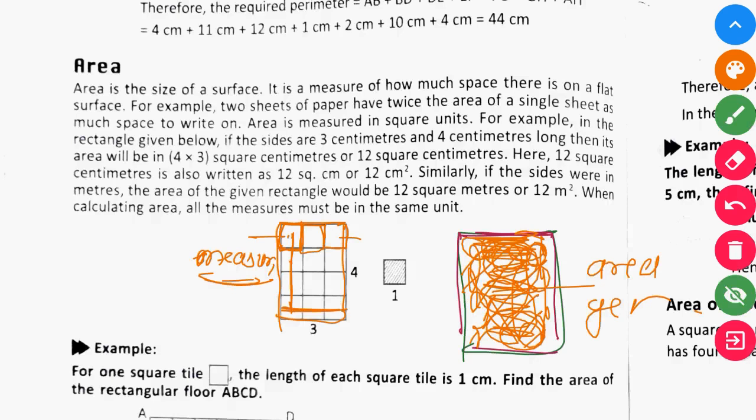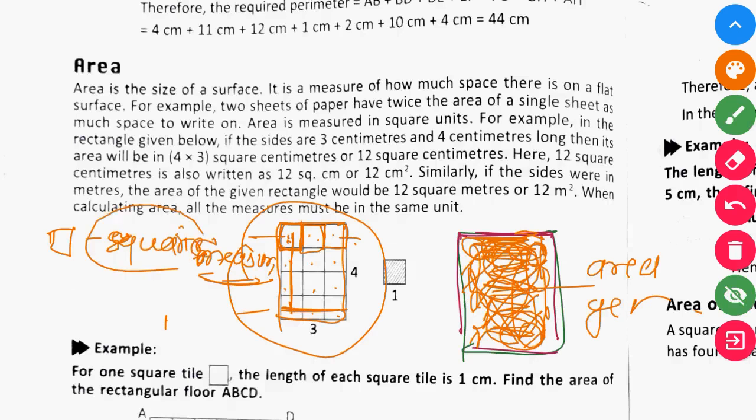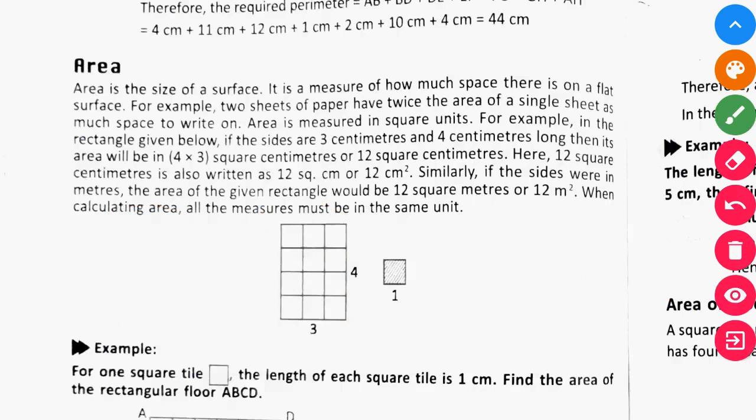Vertically how many and horizontally how many. If you calculate only one row, then you can multiply it, or the other method is to count all the squares: 1 2 3 4 5 6 7 8 9 10 11 12, like this. So these 12 squares are there, and we know the measurement of one square, so we can calculate the measurement for 12 squares, and we can say that measurement is the area of that portion.